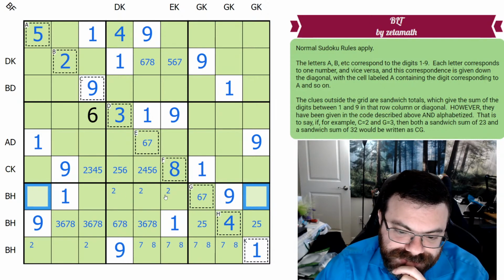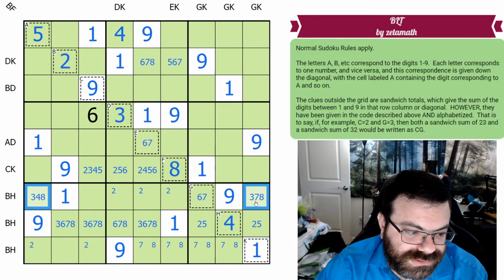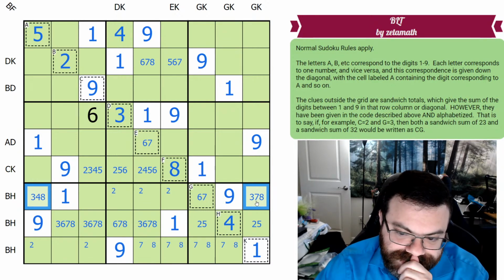Can't use 2. No, 8, 3. 7, 4. This can't be 4, so that can't be 7. Or 6, 5. This would be 6, this would be 5. But this can't be 5 either, so it's not 6, 5. Okay.